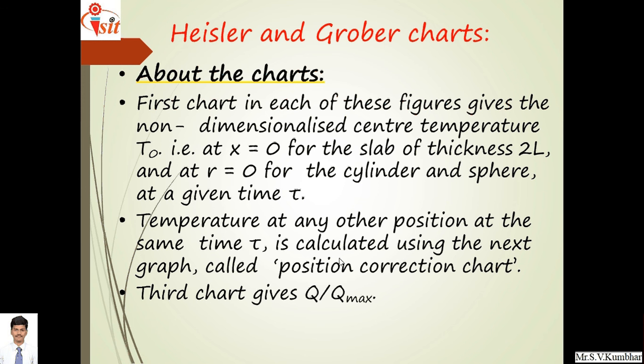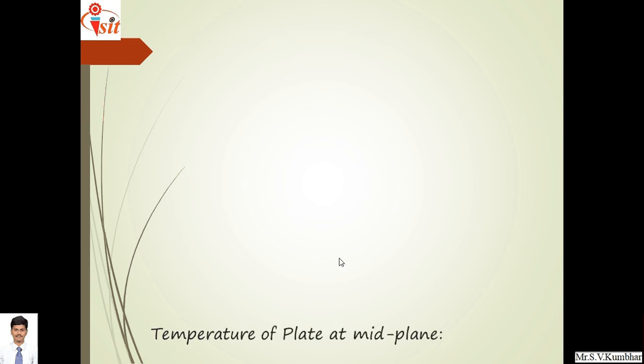Temperature at any other position at the same time t is calculated using the next graph, called the position correction chart. And the third chart gives Q upon Q max.